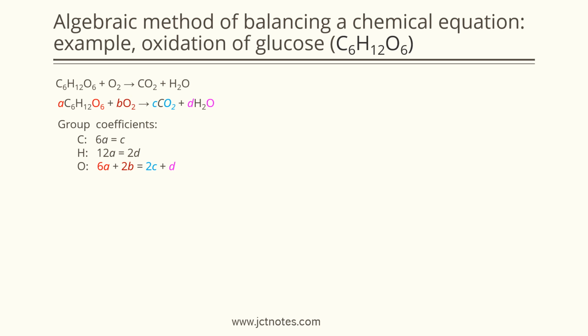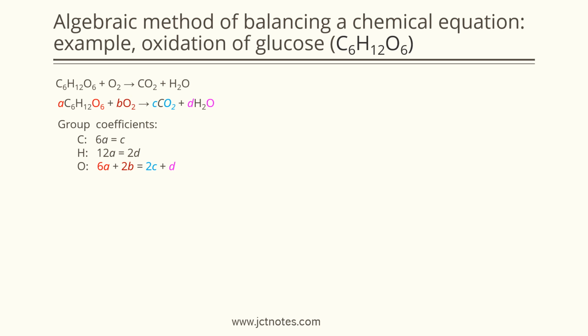For the oxygen, in the reagents, we have 6 atoms for each molecule of glucose and 2 atoms for each molecule of oxygen. As we have A molecules of glucose and B molecules of oxygen, we have 6 times A plus 2 times B atoms of oxygen for reagents. In the products, we have 2 oxygens for each molecule of carbon dioxide and 1 for each molecule of water.